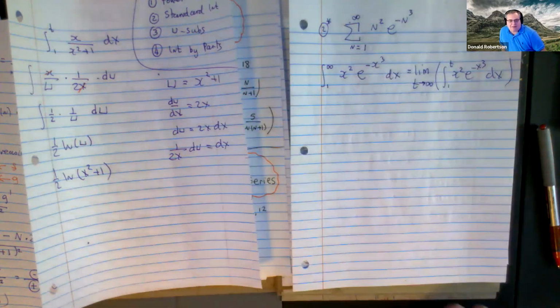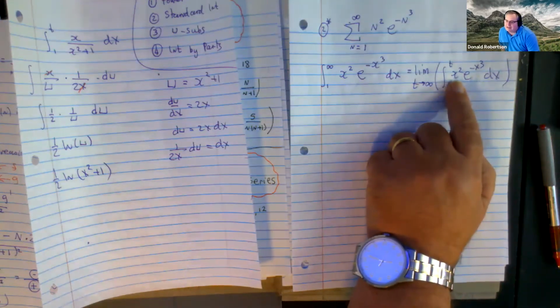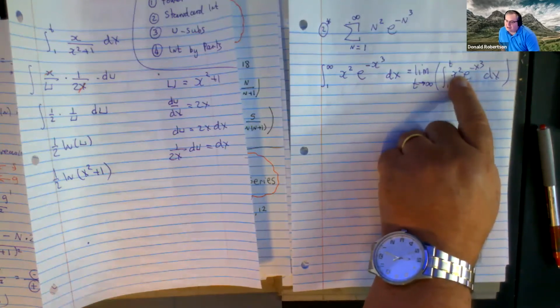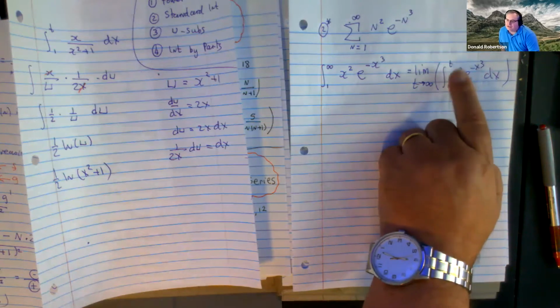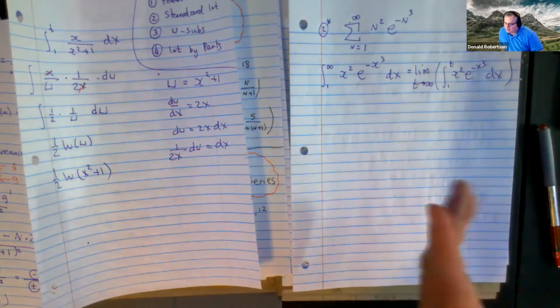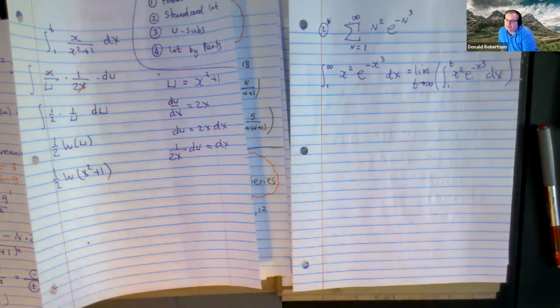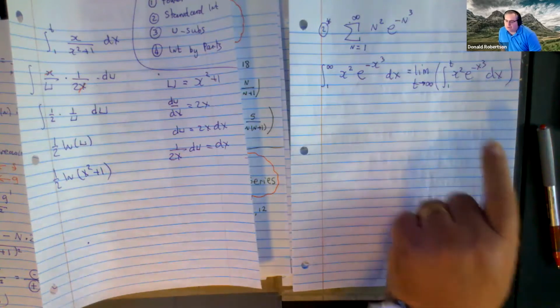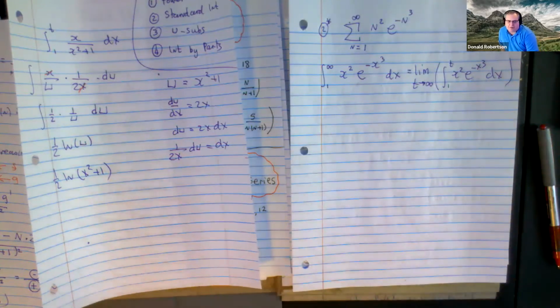The fact I've done a u sub might make you think I was not going to do something that wasn't a u sub, but this, in fact, is a u sub. If it was x squared e to the negative x, integration by parts would have been the way to go. If you tried integration by parts, in a few minutes you'd realize it wasn't going to work, and then you'd restart the question and try something else.